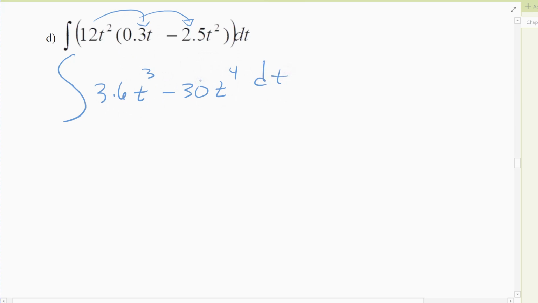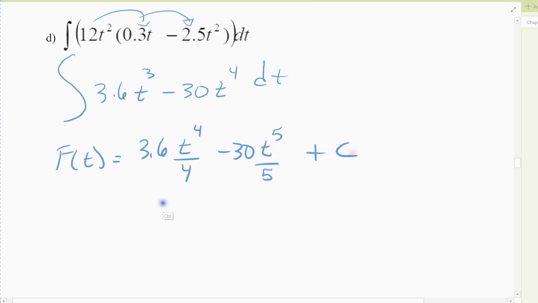Now there's no longer a product. It's just two little functions being subtracted, and I can use my power rule. So the antiderivative of this would be 3.6 comes along, t raised to the 4th divided by 4, minus 30 t raised to the 5th divided by 5, plus some constant. Clean that up. I'd always clean it up.